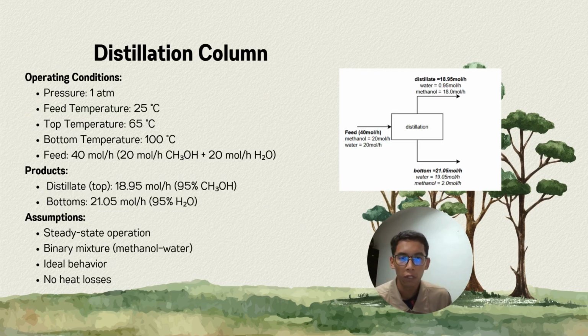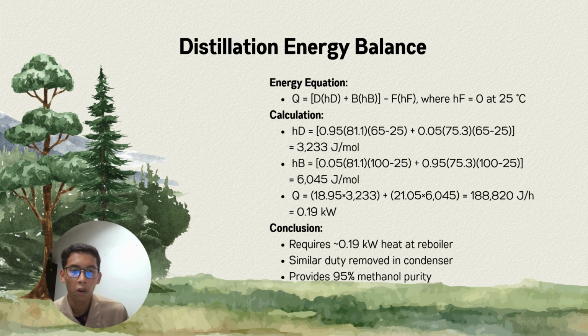Okay, now for the distillation column. The distillation column separates methanol from water by using heat. Methanol, being more volatile, vaporizes and rises to the top, while most of the water remains in the liquid phase at the bottom. For this slide, I want to talk about the calculation of the distillation energy balance.